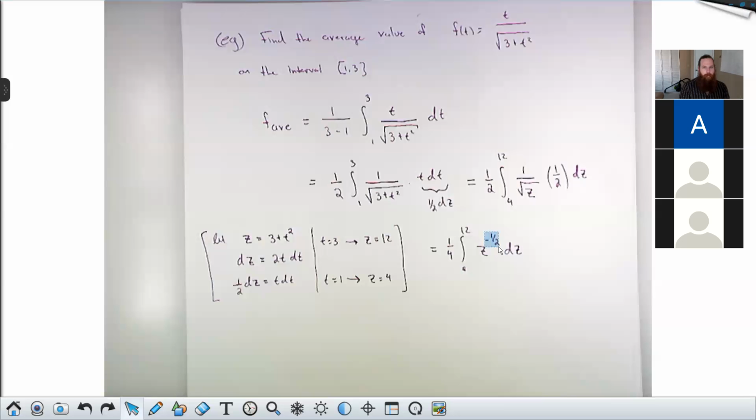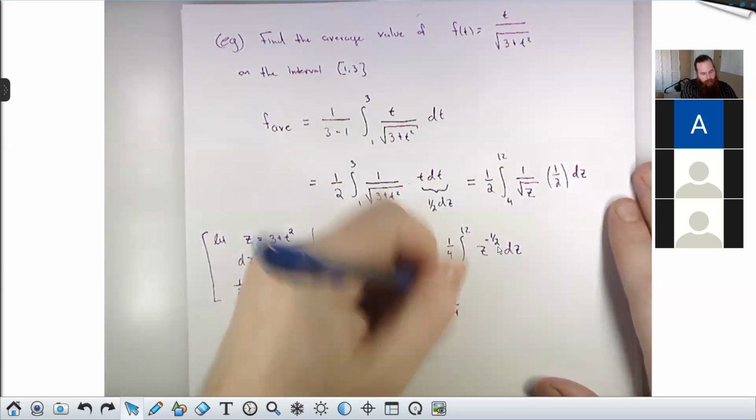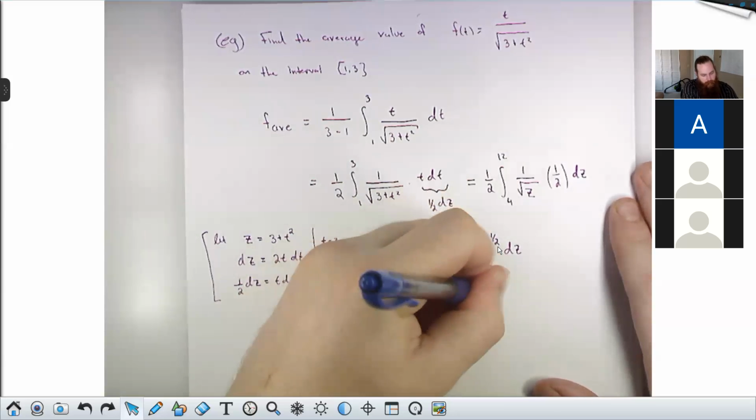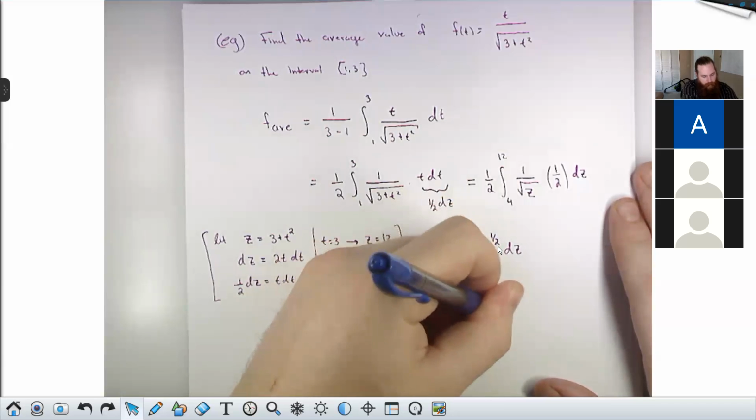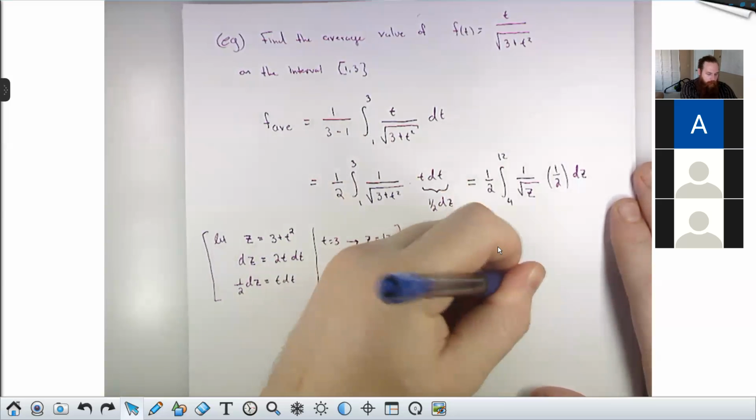Negative 1/2 plus 1 is positive 1/2. So this is 1/4 times z to the positive 1/2 divided by positive 1/2, evaluated between 4 and 12.